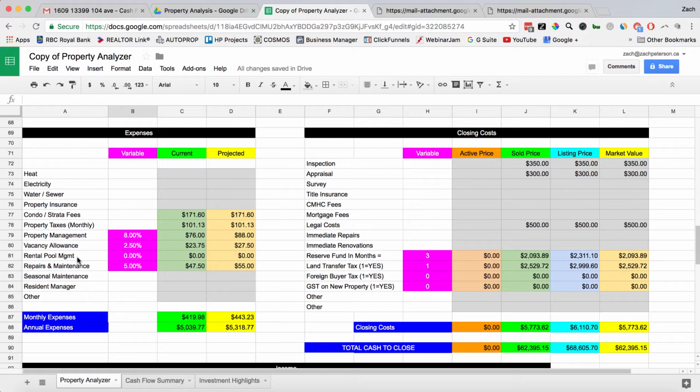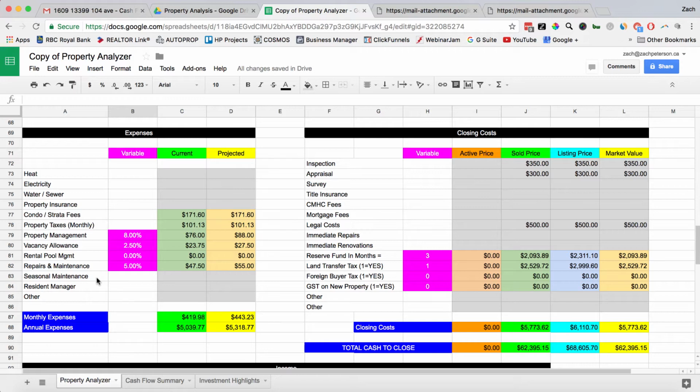If you have a rental pool and there's a management fee for that, you're going to want to punch in the percentage there. Repairs and maintenance, I always include about 5%, just so that if the washer dryer goes, or one of your other appliances, and the tenant needs you to replace them, you've got a little bit of money set aside to cover that expense.